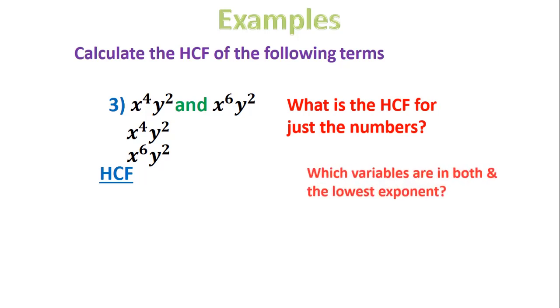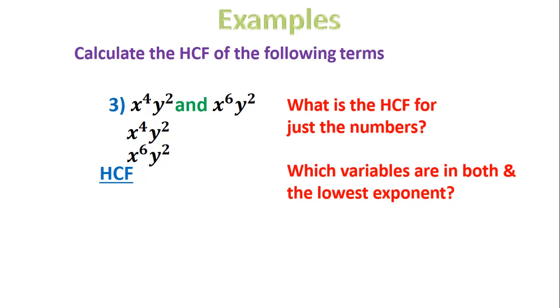Now we look at the second part. Which variables are in both, and for the ones that are in both, what are the lowest exponents? We have an x in both, and so we write down an x for our HCF. We have a y in both, and so we write down a y. Now we look at the exponents.